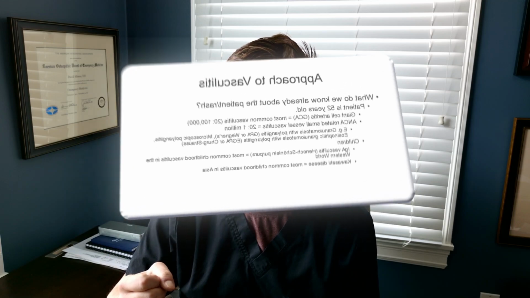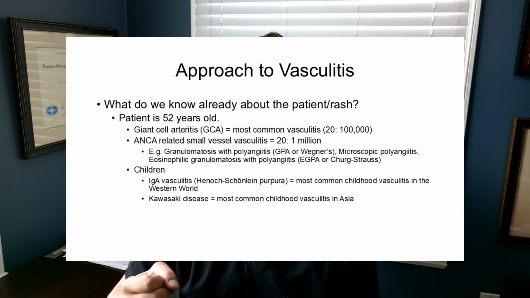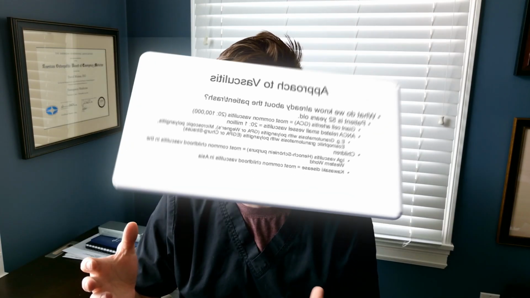So they're a 52-year-old male too. So let's think epidemiologically about what would be a common vasculitis in this patient. We said it's most likely a small vessel vasculitis, but the most common vasculitis is giant cell arteritis, having an incidence of about 20 per 100,000 patients, making it the most common. Other ANCA-related small vessel vasculitides occur at max 20 per million patients.